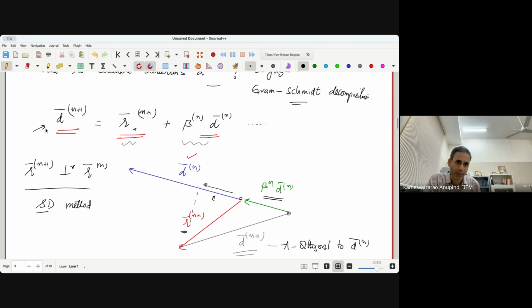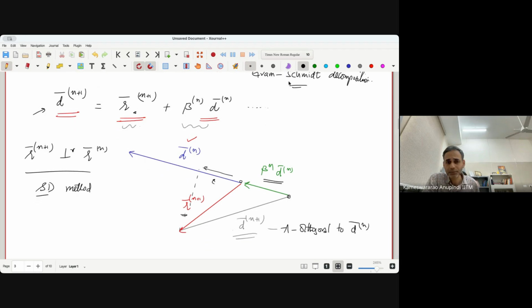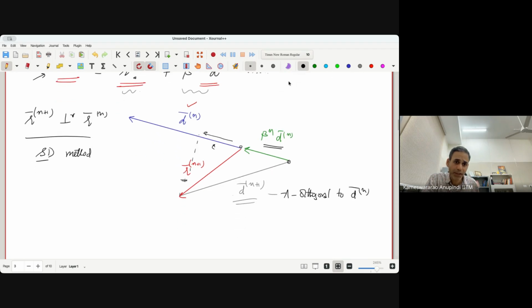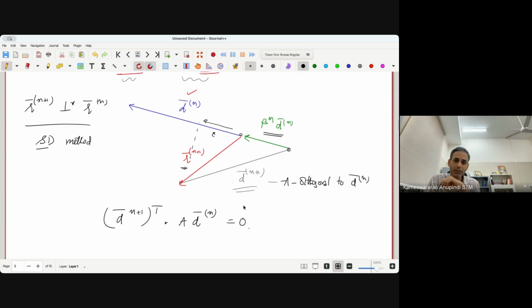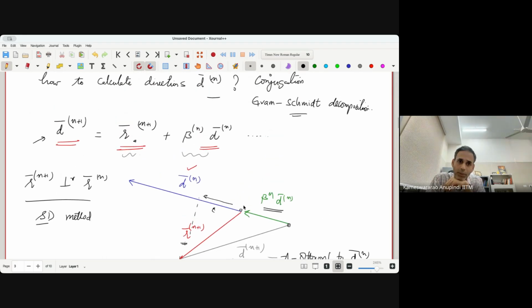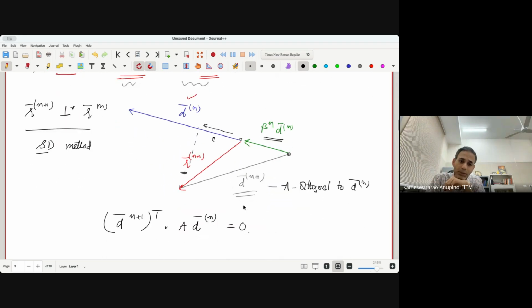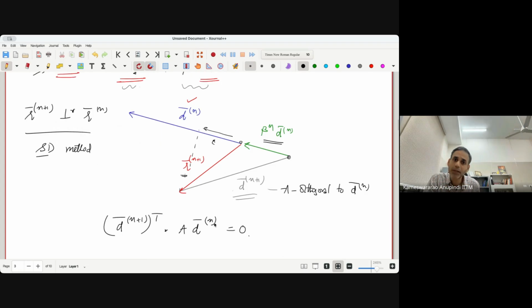Okay, d n plus 1 bar. But then we are saying that this d n plus 1 transpose should be A orthogonal to d n, right? So that is the condition we have set forth. Okay, so d n plus 1 bar transpose times A times d n bar equals 0.